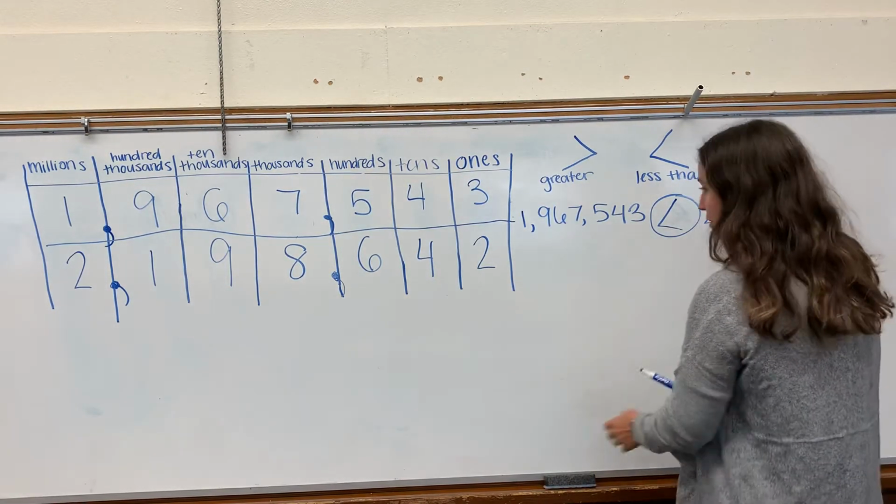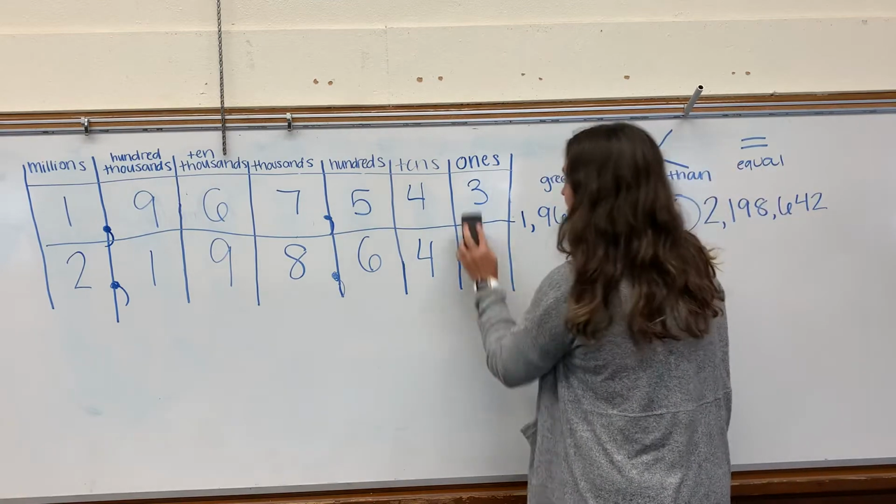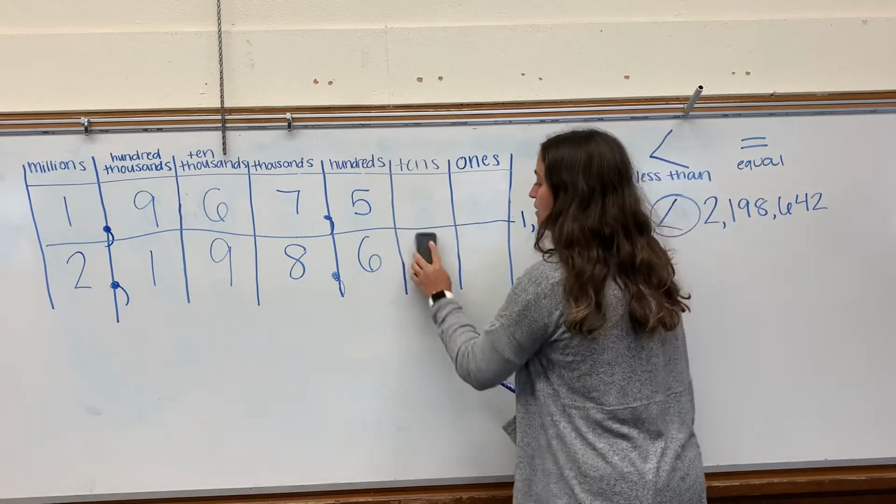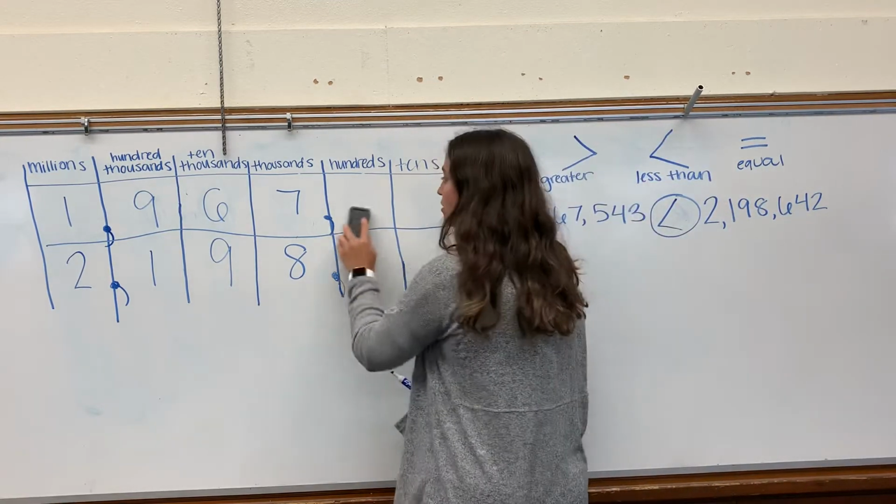Now, let's compare two other numbers. I'm going to erase what I have in my place value chart now.